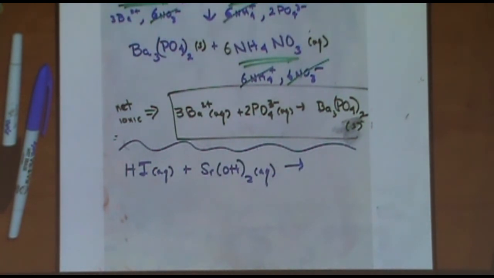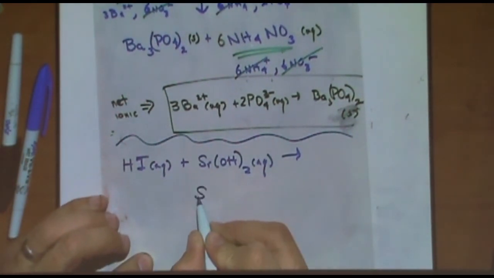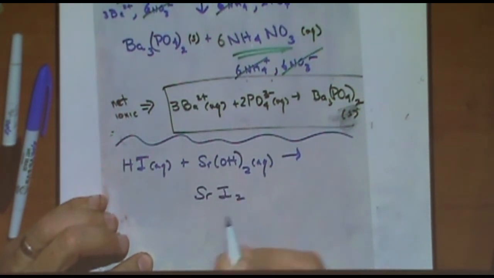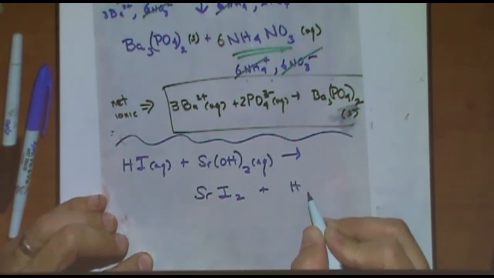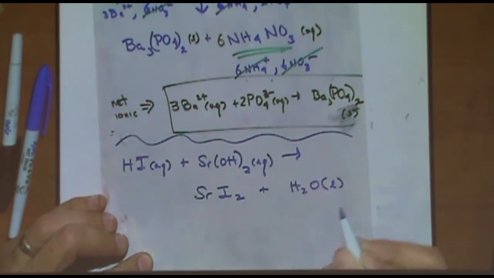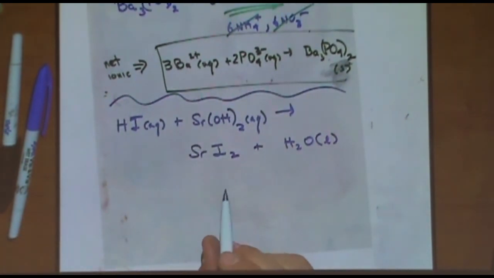So anything that's ionic is also called a salt. When you're in this area of study, they call them salts. Everywhere else, it's called an ionic compound. Okay. So you just switch ions. The salt is this, Sr2 plus, I minus, so you need 2 I's. And then HOH, that's also called water. Water is a liquid.